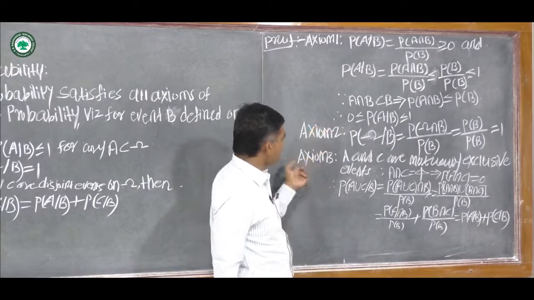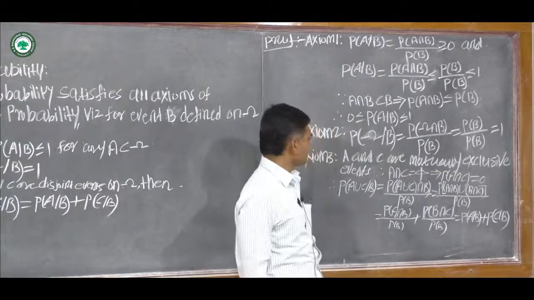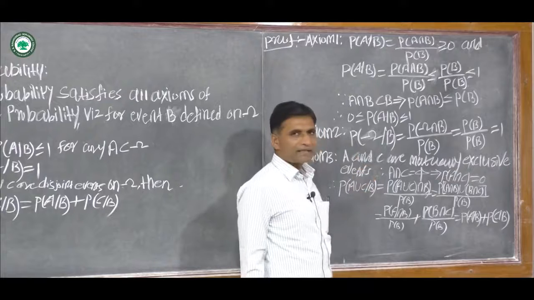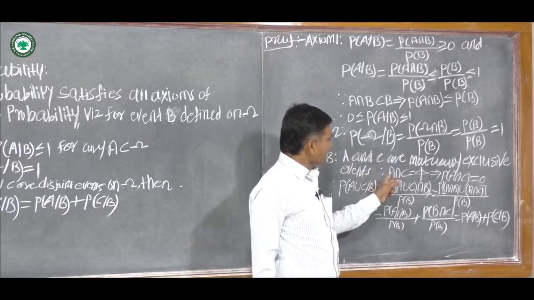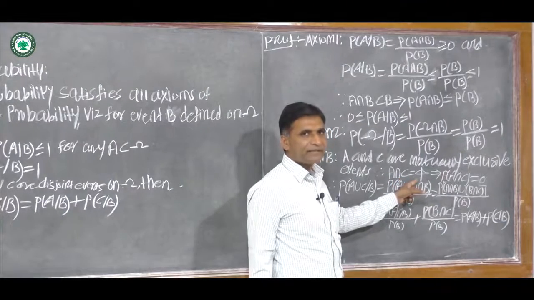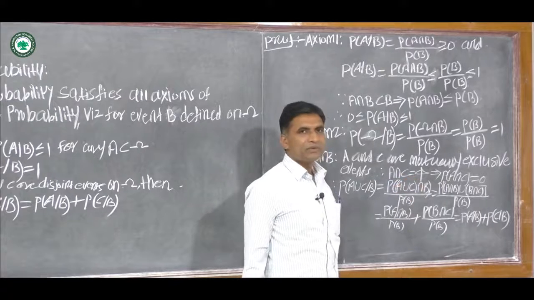Now axiom number 3. A and C are mutually exclusive events. If A and C are mutually exclusive events, in this case A intersection C is equal to phi, that is, the empty set, and we know that the probability of the empty set is equal to 0.